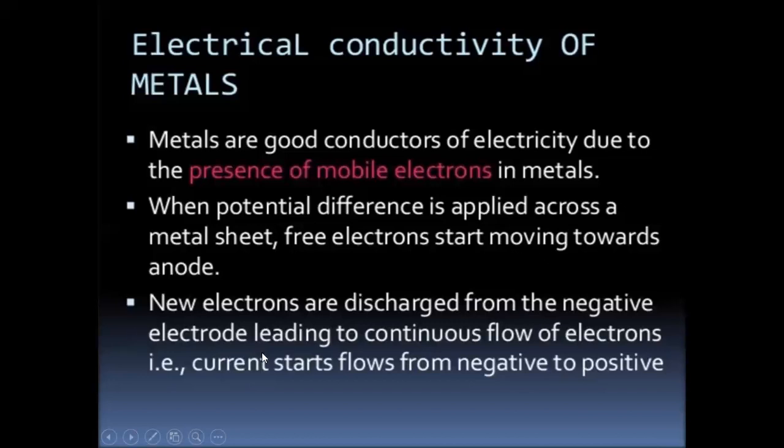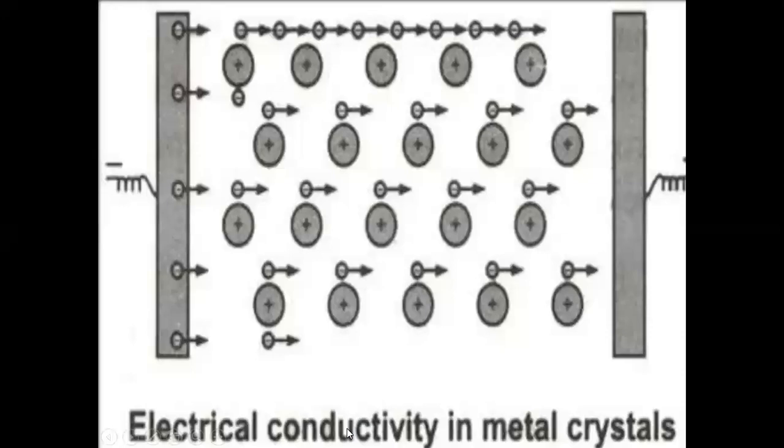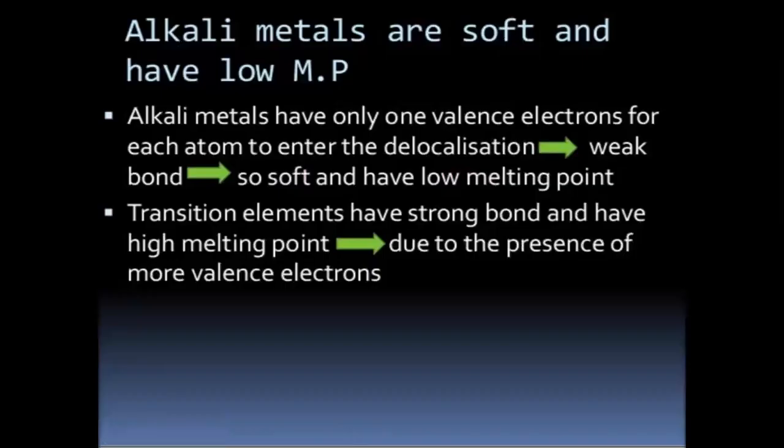Whether it is the negative or positive electrode, the electrons keep moving from one electrode to the other through the electrolyte, and there is a continuous flow of electrons. The potential difference is applied and the current starts flowing from negative to positive. Therefore, this is a good example of electrical conductivity in metals.